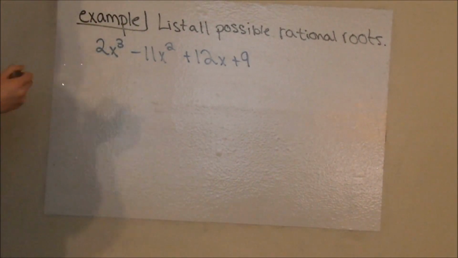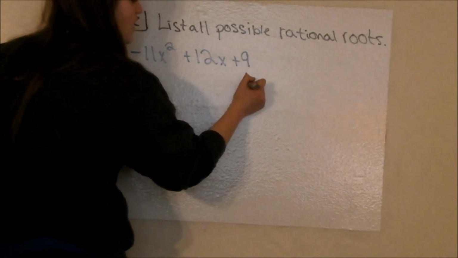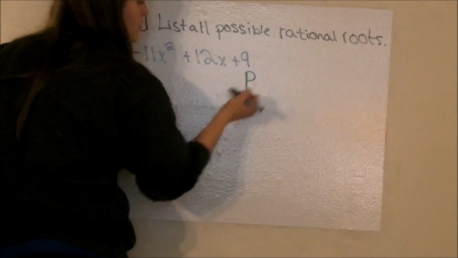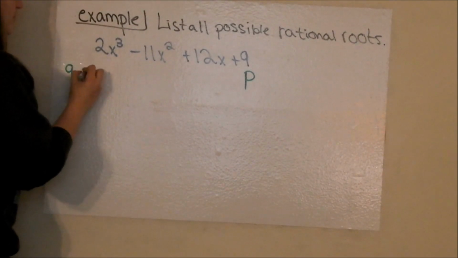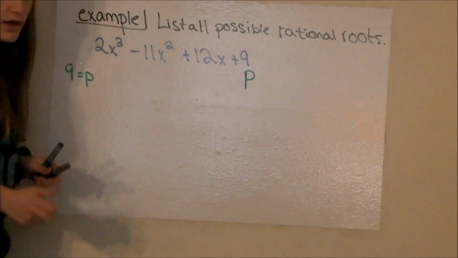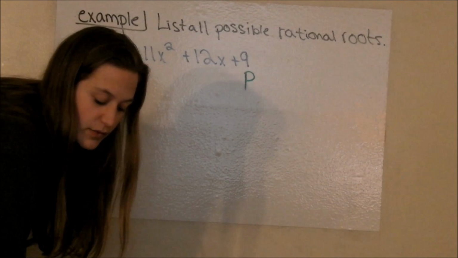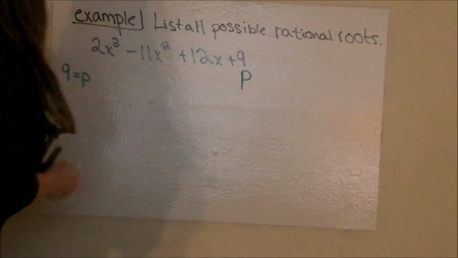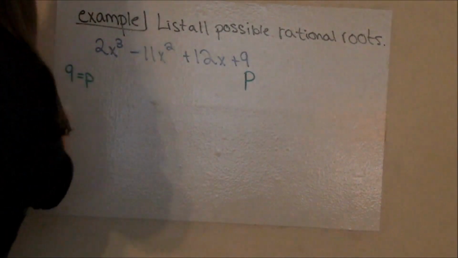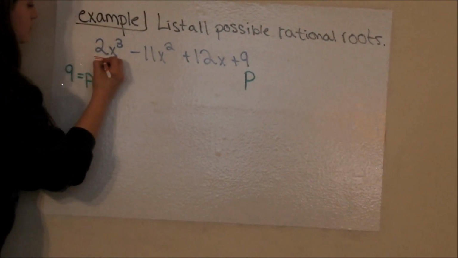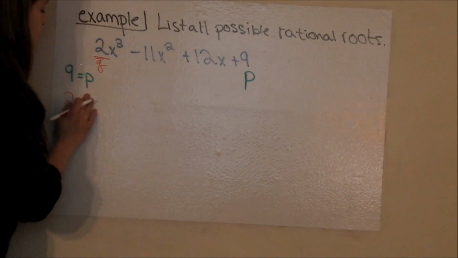So what the definition is saying is that we can take our constant term, so we can say 9 equals p, and then we can take our leading coefficient, and we can call this q. So 2 equals q.